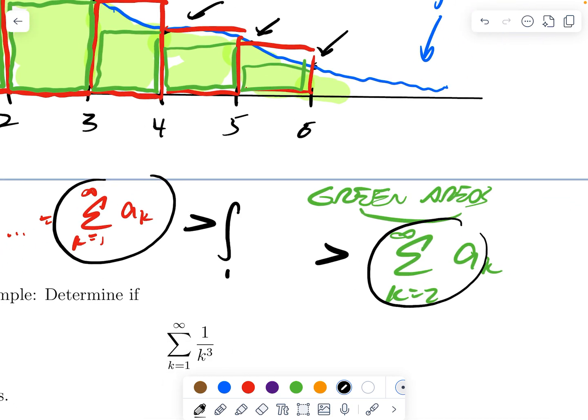This is our improper integral. But here's the thing, either these two both converge or they both diverge, because they're the same thing except for one extra number. And this is between them. So either these are both finite numbers, and therefore this is a finite number in between them, or they're both infinitely big and this is infinitely big. So that's the gist of this.